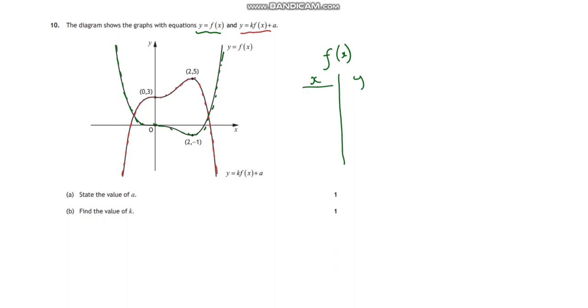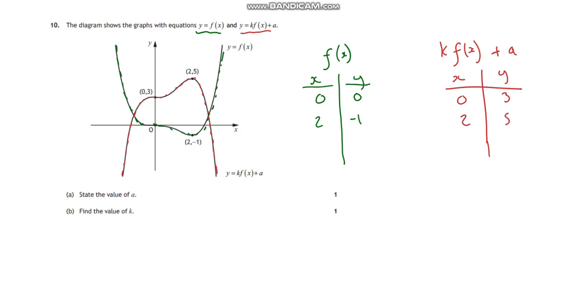I know I've got 0, 0. I know I've got 2, negative 1. And that's it, those are my two values. For the other one, I've got f of x multiplied by k plus a, and I've got some x and y values here as well. So this one, I know I've got 0, 3, and I know I've got 2, 5.